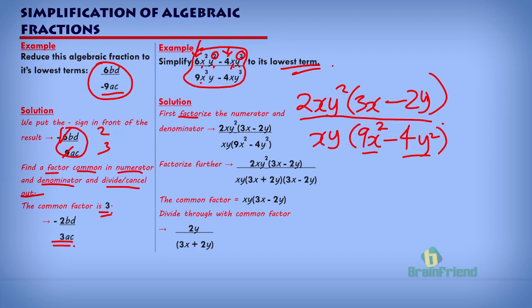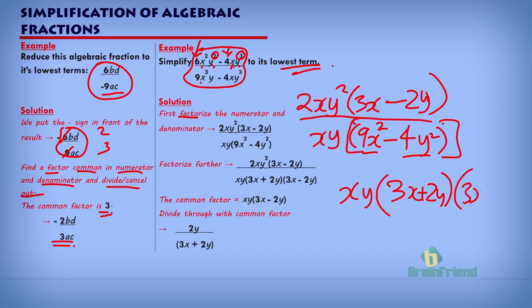So we break that down to be xy, we have 3 common there, 3x plus 2y. So we have our denominator here further factorized, which we have here.